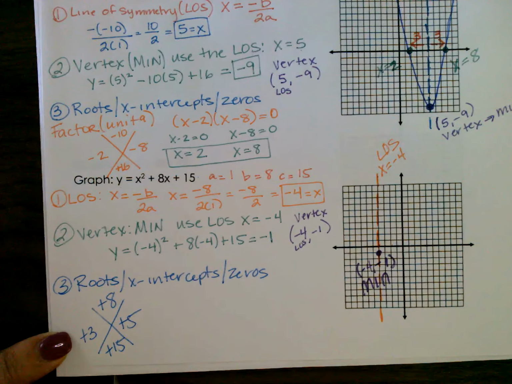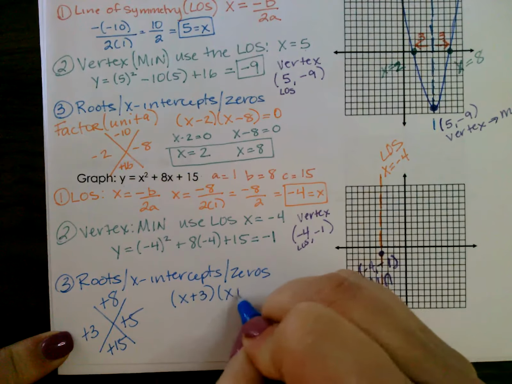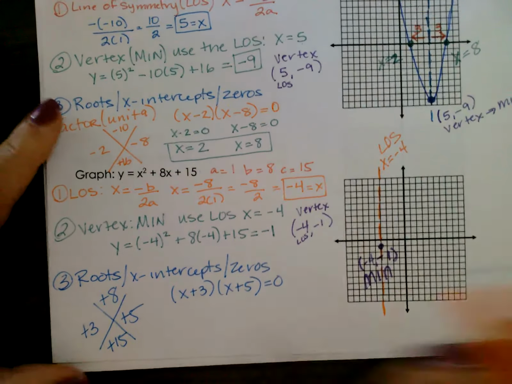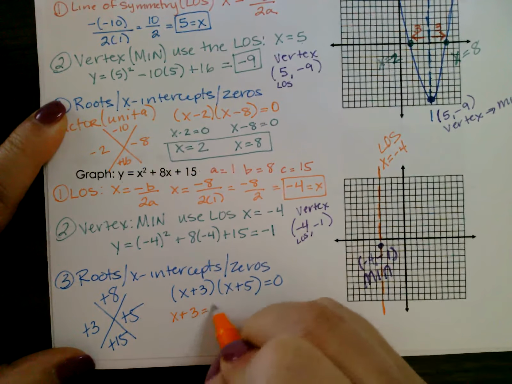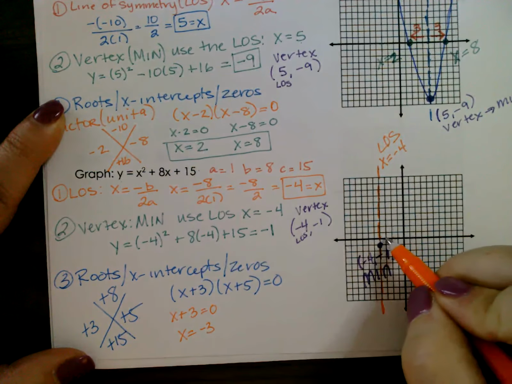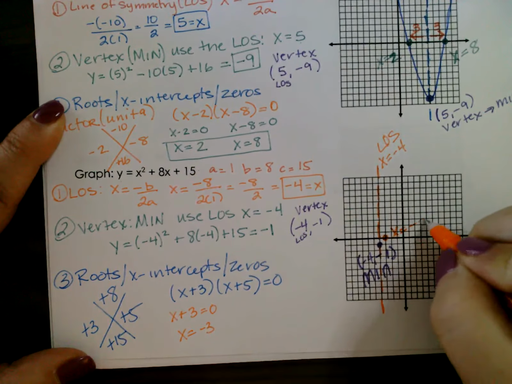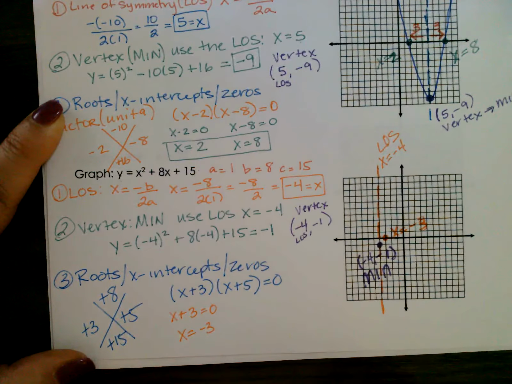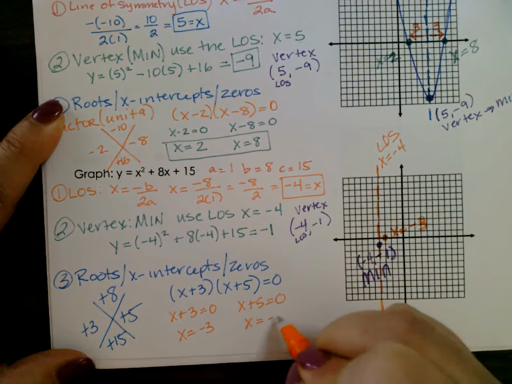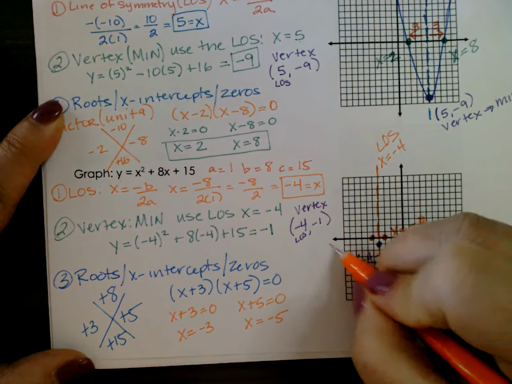Add to 8, multiply to 15, so x plus 3 times x plus 5. And we're going to set them equal to 0. My first x-intercept is negative 3, right there where x equals negative 3. Then I set the next one equal to 0. X equals negative 5. We're at negative 4, so negative 5.